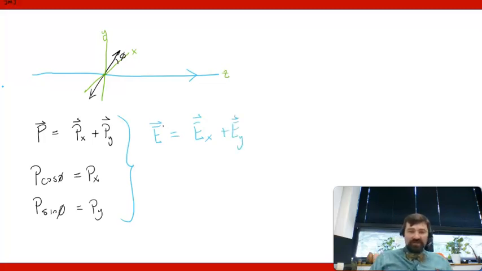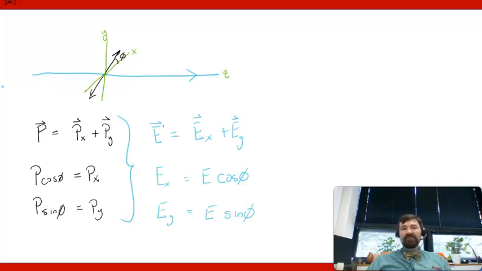We know that therefore E sub x is equal to the total E times cosine of phi, and we know that E sub y is equal to E times the sine of that angle phi.